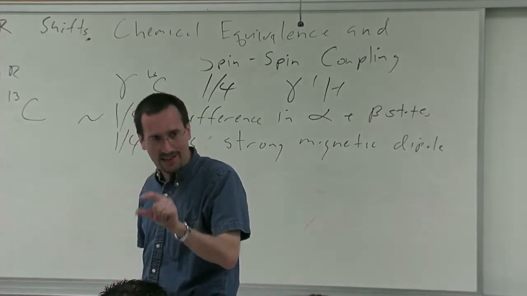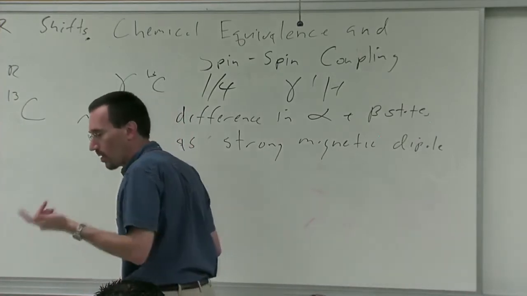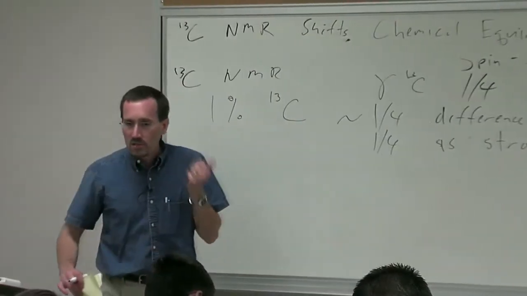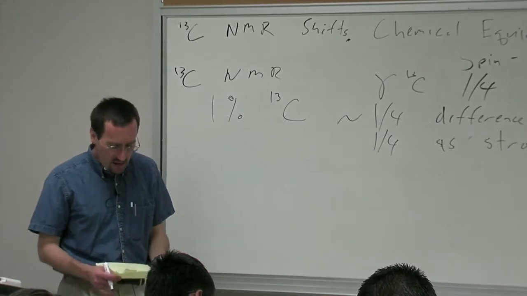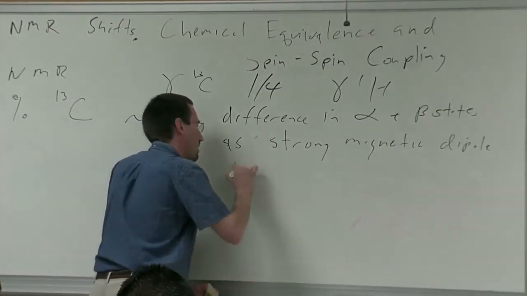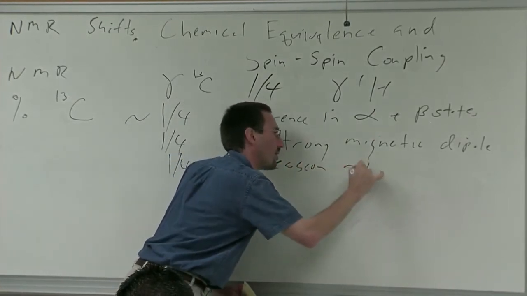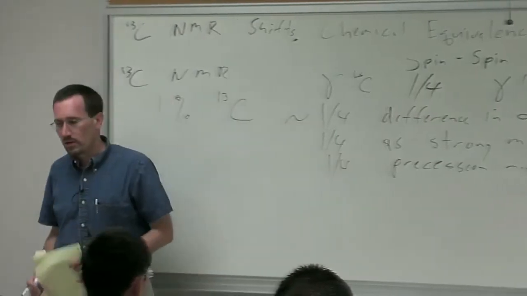Proton is a little magnet, but a carbon is a tiny magnet because it's got a quarter of the magnetic dipole. So you're damned again. And then you further get damned because the precession rate is also a quarter.